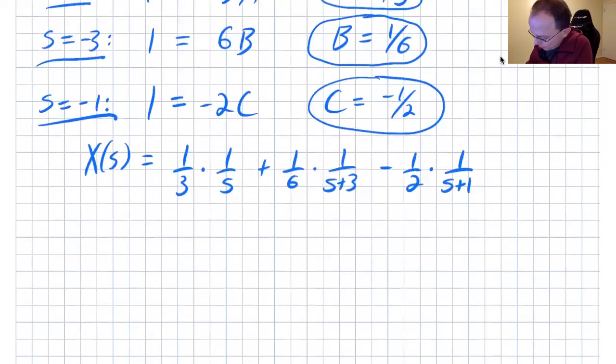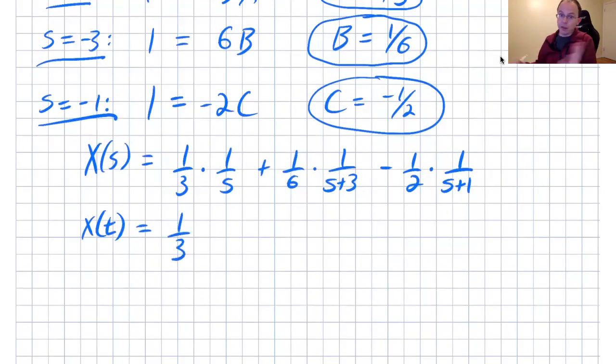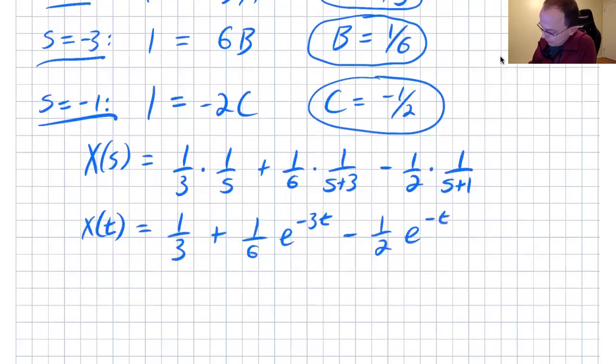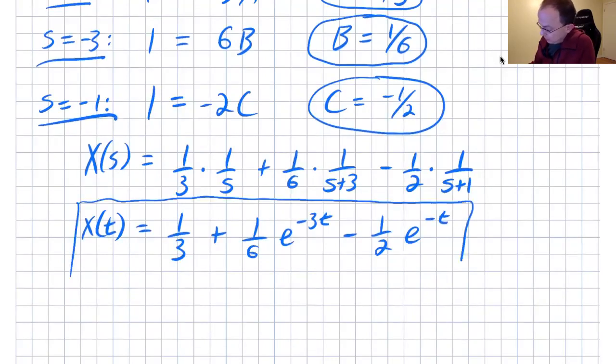Okay, and now we do the inverse Laplace transform. We get 1/3, and the inverse Laplace transform of 1/s is 1, so it's 1/3 times 1. Plus 1/6, inverse Laplace transform e^(-3t). And then the inverse Laplace transform of this is e^(-t). We get exactly the same solution.